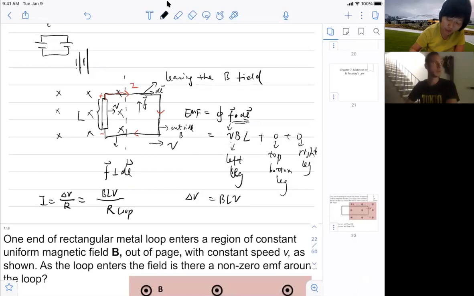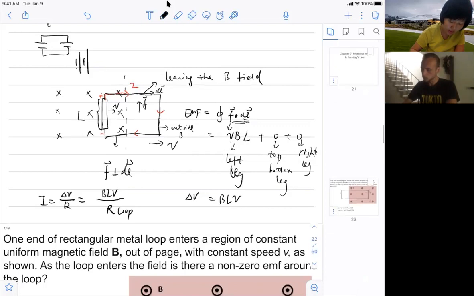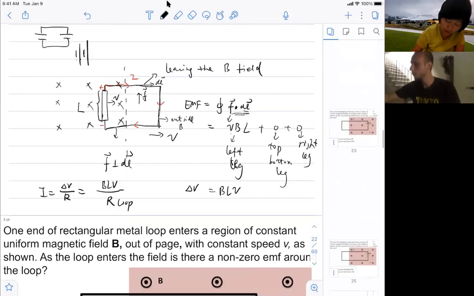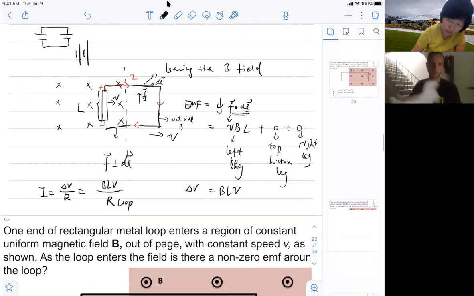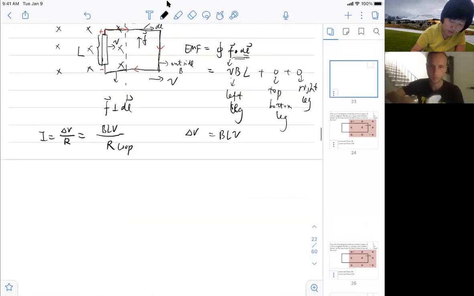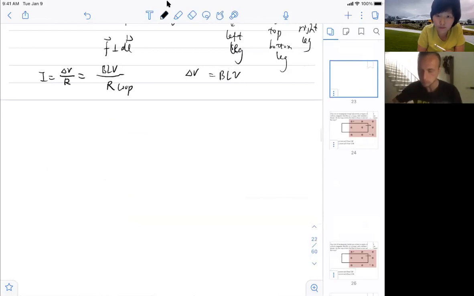This is a very regular shape. We have a square that is easy to calculate. However, sometimes when the shape of the loop is a little more difficult to calculate, we have another way to do this. So we're looking at a magnetic flux instead of looking at motional EMF. Now let's look at another way to calculate motional EMF.